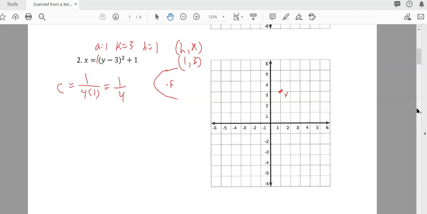Oh, wow. This is really tough to do. I'll try. So 1/4 to the right is my focus point. 1/4 to the left is my directrix. You almost want to change the scale here because 1 unit, it's just too tough to graph that 1/4.